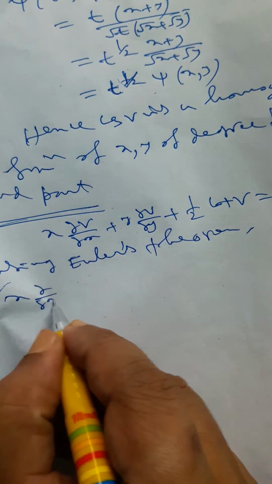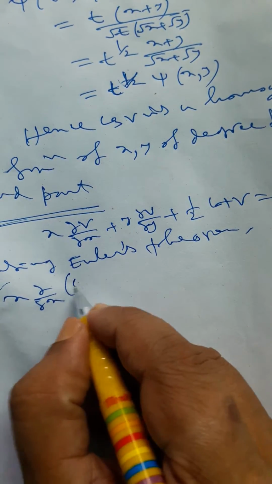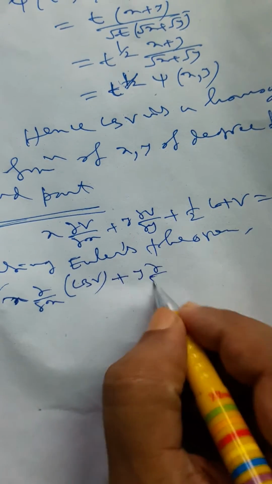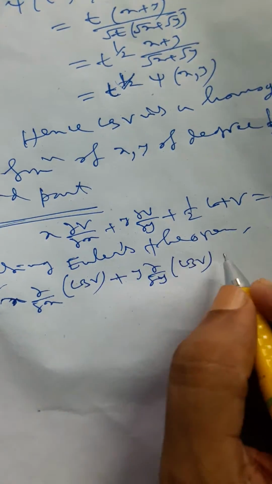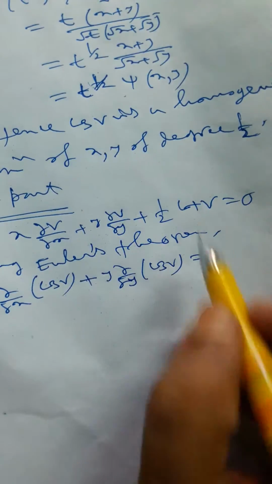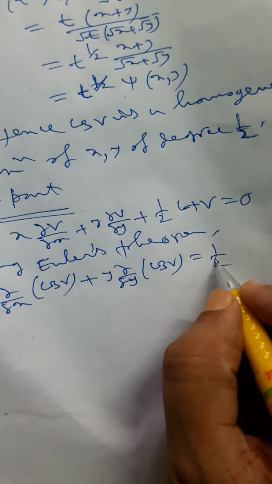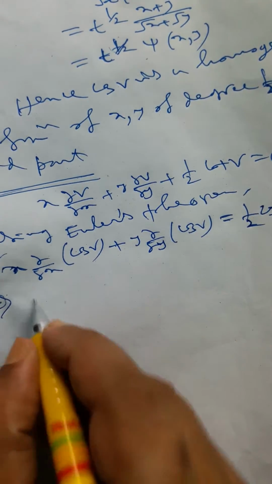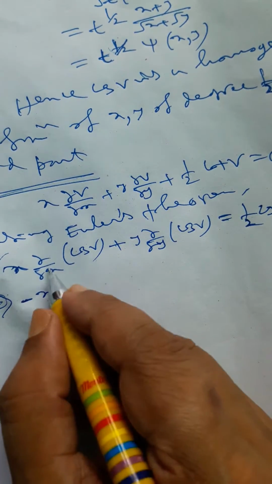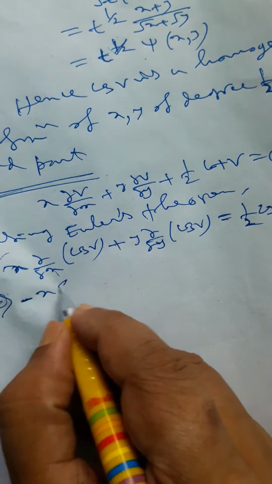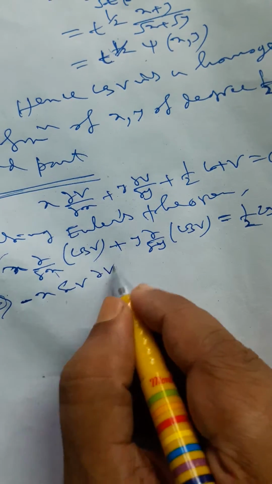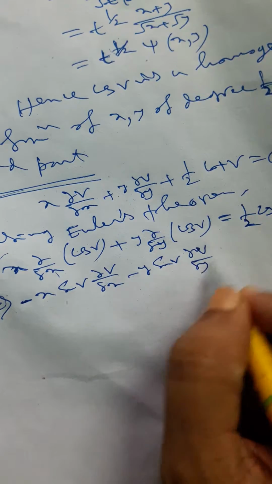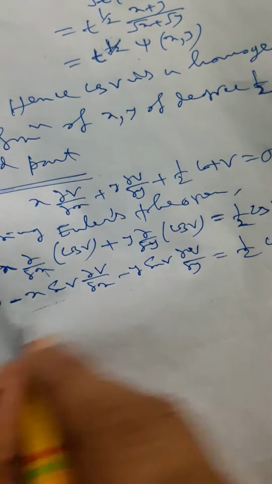x del del x of cos v, that is x into del del x of some function, and y del del y of cos v is equal to degree half n of the function, and this function is cos v, n into cos v. Taking the derivative, minus x, the derivative of cos v with respect to v by the chain rule, sin v into del v del x, minus y sin v del v del y is equal to half of cos v.